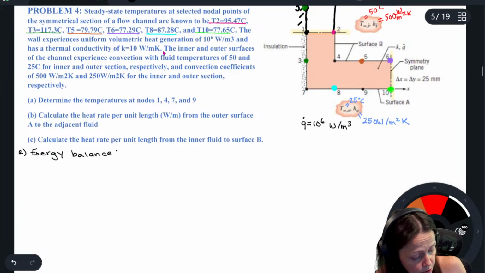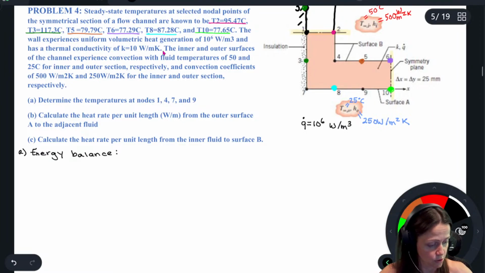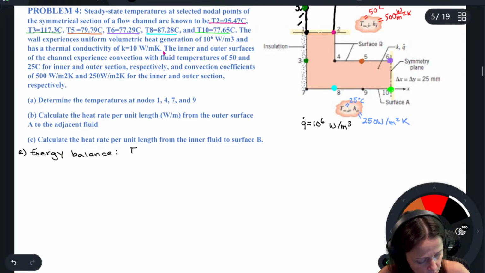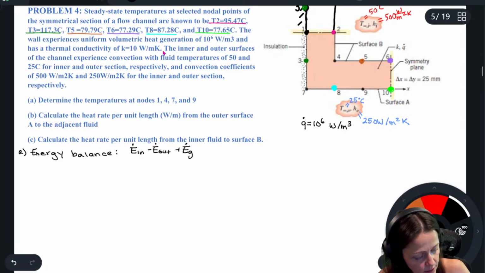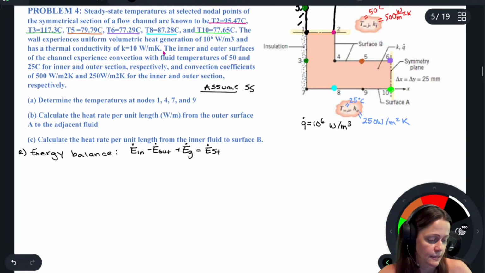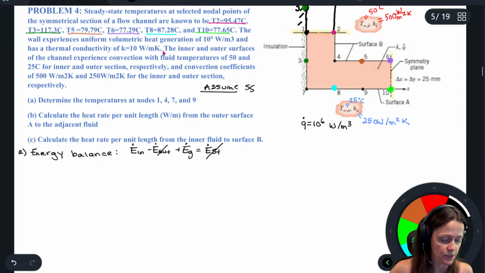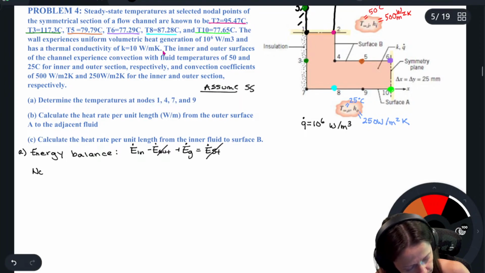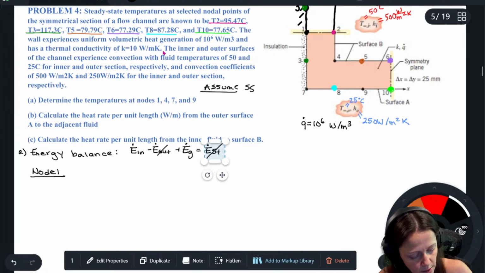I do have internal volumetric heat generation, so I will have one of those terms: E dot in minus E dot out plus E dot G equals E dot ST. Assuming steady state, which I'm going to, this guy goes away, and so I've just got the E dot in and the E dot G. We're going to do an energy balance on each of those nodes of interest. The first one is node 1.